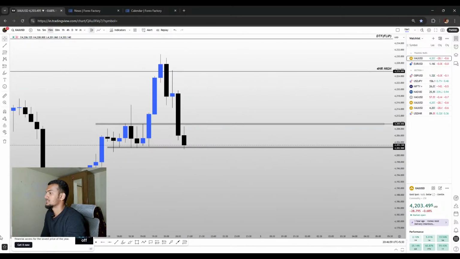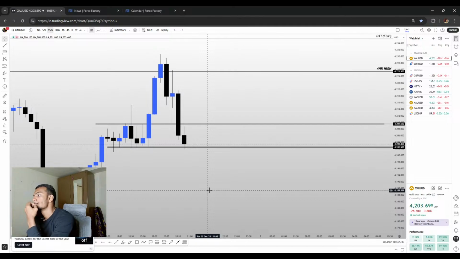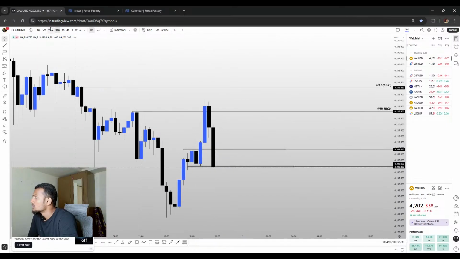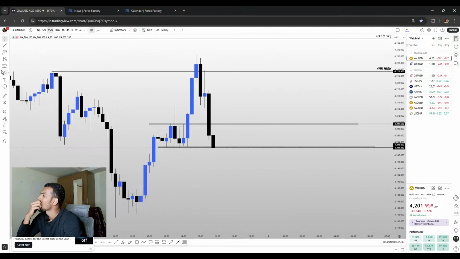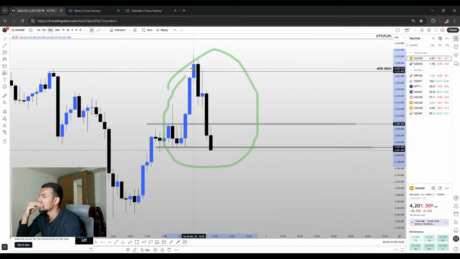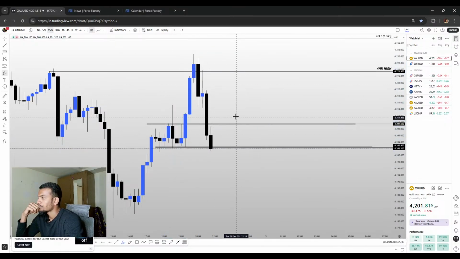Reached up to that place. Volume was extremely good today, but it just went above and came down, completely retraced the move.